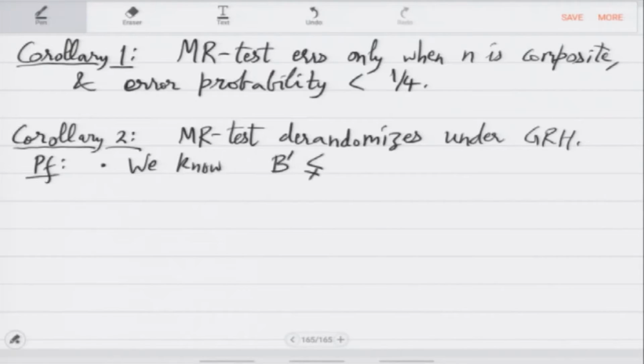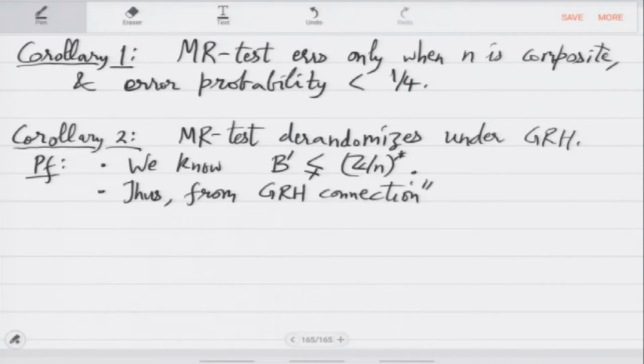B prime is a proper subgroup of Zn star. Thus, from the GRH connection, there exists an A between 1 and 2 log square n such that A is not in B prime.